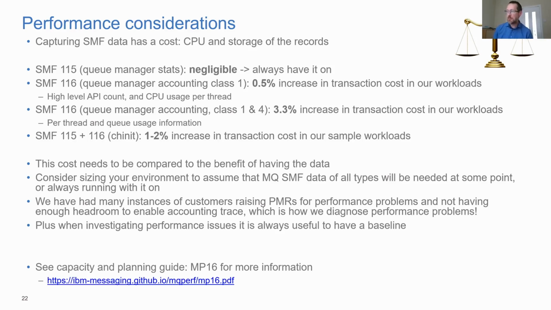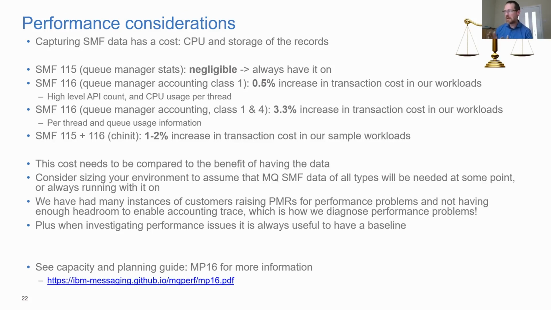And we do have customers, this is one of the lower bullet points, who run their environments so close to the edge that when they see a performance problem, the act of switching on the accounting data pushes them over the edge, and then they can't understand what their performance problem is.